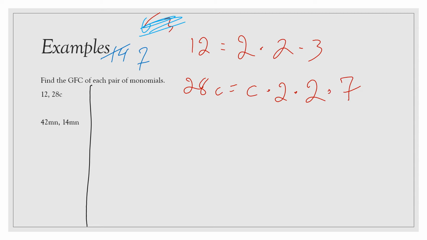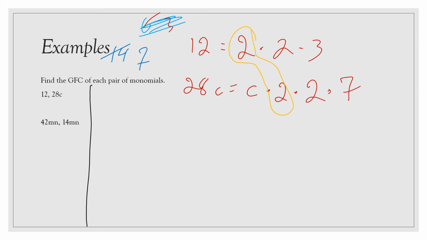So our smallest factors for 28C are C, 2, 2, and 7, because 7 times 2 is 14, times 2 is 28, times C is 28C. And the smallest numbers that go into 12 are 3, 2, and 2. So now we're just going to look for common pairs. So starting with 12, do we have a 2? Is there a 2 down here? Yes, there is. So there's one set.